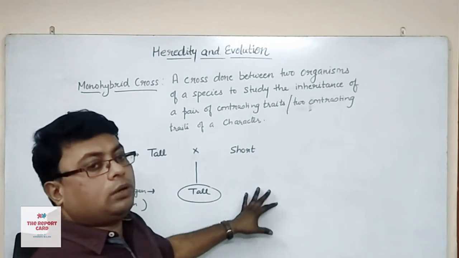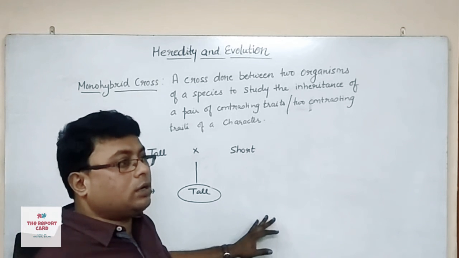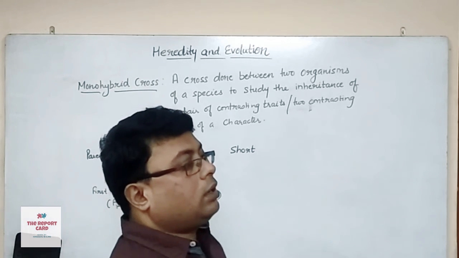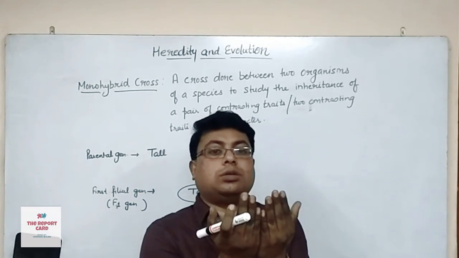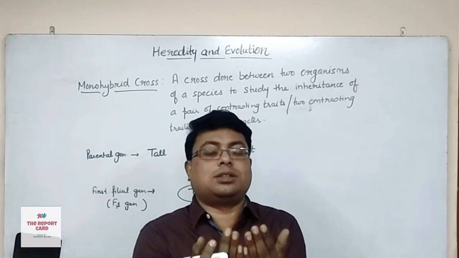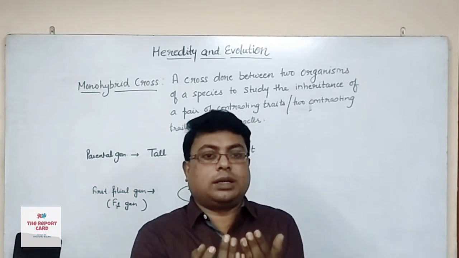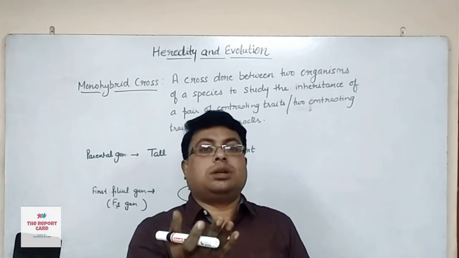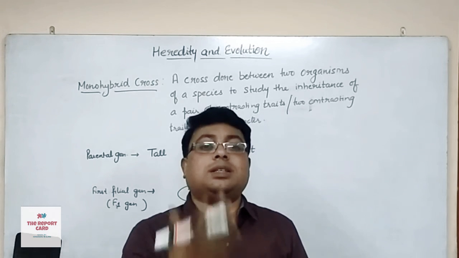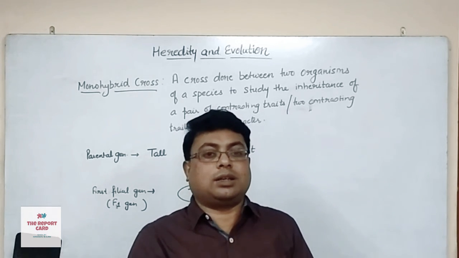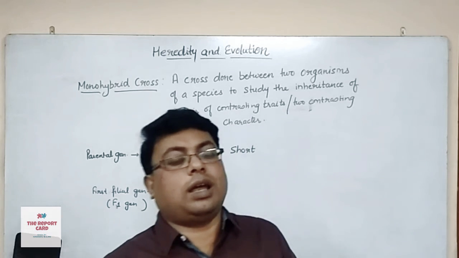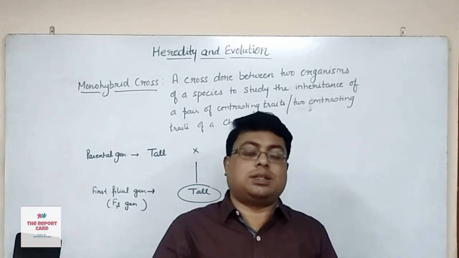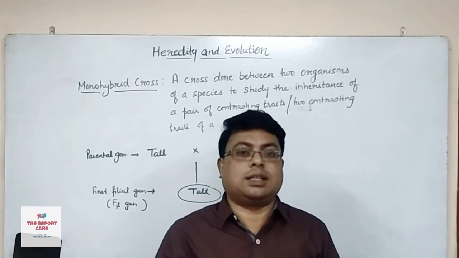But with this experiment, what did Mendel conclude? Mendel concluded that whenever there is a combination of two different alleles for a particular character, one of the alleles expresses its trait, or its character, and that allele is known as the dominant allele, and the other one, which is not able to express itself, is known as the recessive allele.